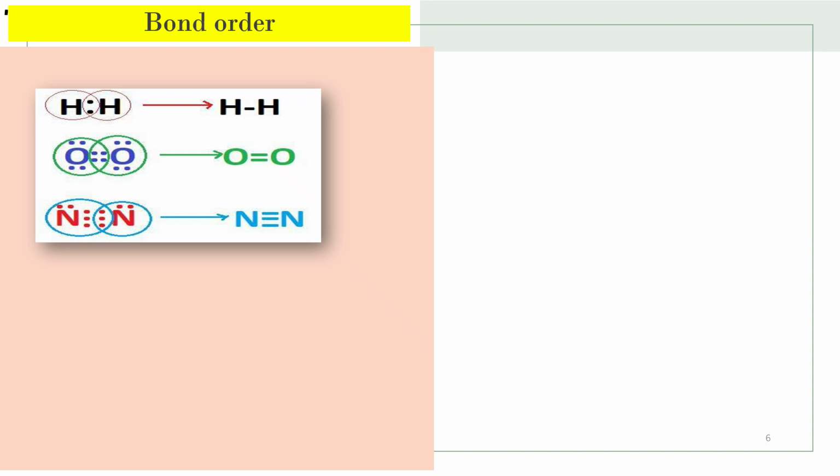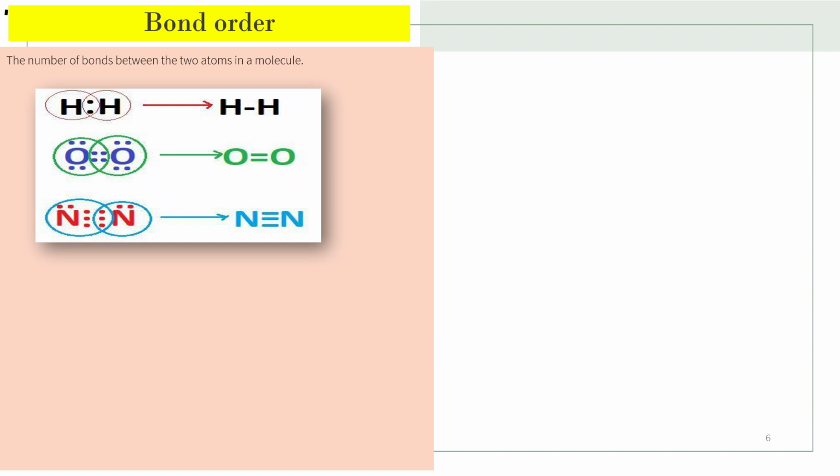Now tell me the hydrogen molecule's bond order. Yes, it is 1 because there is only a single bond. In oxygen, 2 because a double bond is there. In nitrogen, 3 because two atoms are bonded with a triple bond.